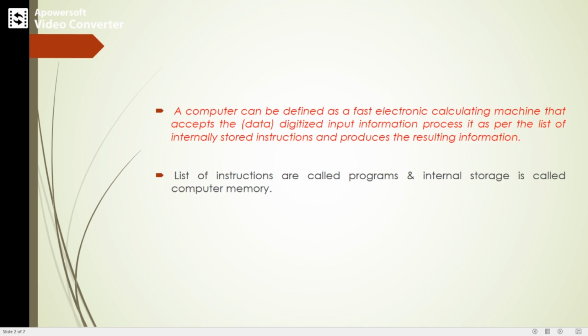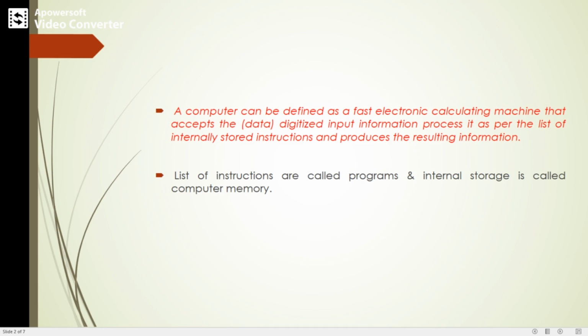A computer is nothing but a fast electronic machine which will receive the data, but the data will be in terms of digitalized input information. After that it will process those sets of information or instructions depending upon internally stored contents within the memory and produces the resulting information.